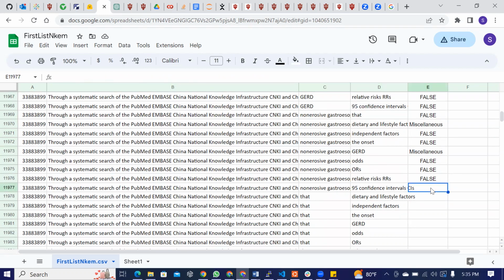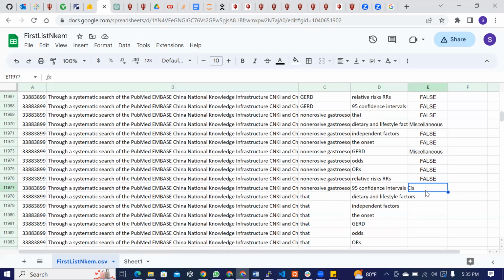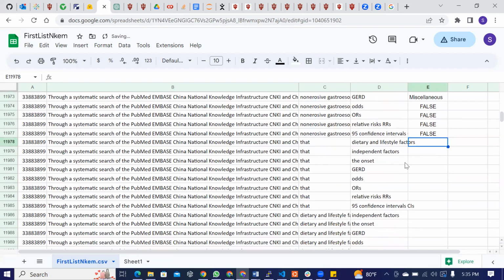If you compare this 95% confidence interval, it is more or less on the second GRD. When you see that, or things like those, they are already false. We don't want to see that in our knowledge graph. So let us remove that.